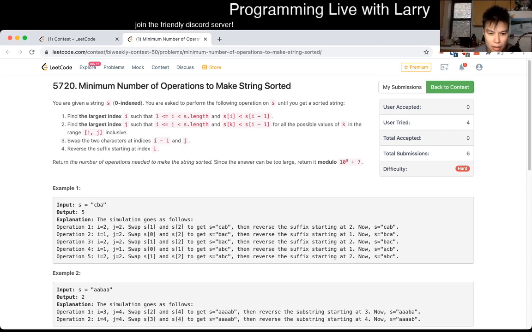Largest I. Largest I. 2. S of I is less than. Okay.